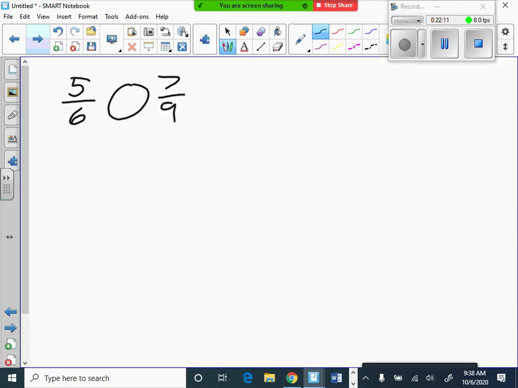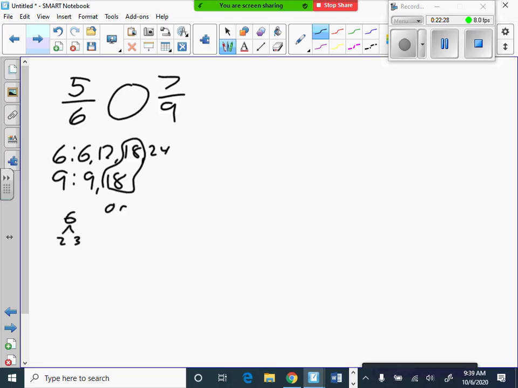If you have trouble with that, remember, we have two different ways we can do it. 6, 12, 18, 24; 9, 18. So we see it's 18. Or we could have done factoring. 6 is 2 and 3. 9 is 3 and 3.